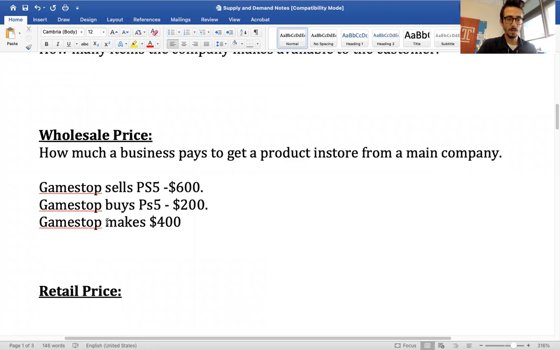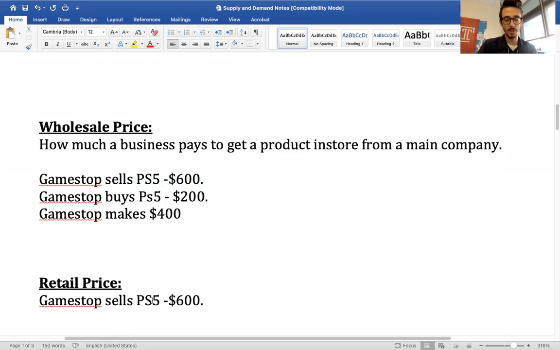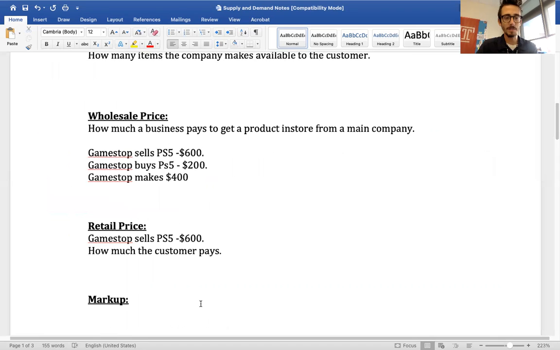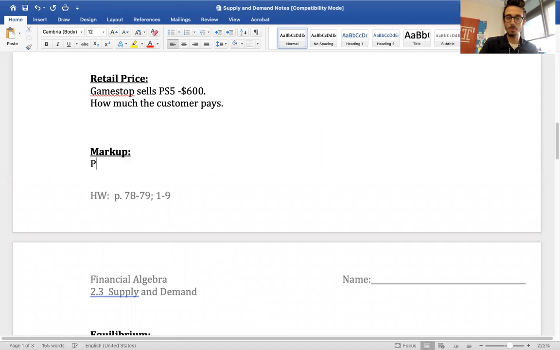So what's mentioned here, the retail price, that's how much we pay. So in this example, the $600 is how much the customer pays. If you've ever watched The Price is Right, they will do that beginning bidding process on an item and guess how much it's going to be. And then they say the retail price is this, whatever the price is. The markup, this is a percentage, usually, that the business marks up a product to make a profit.